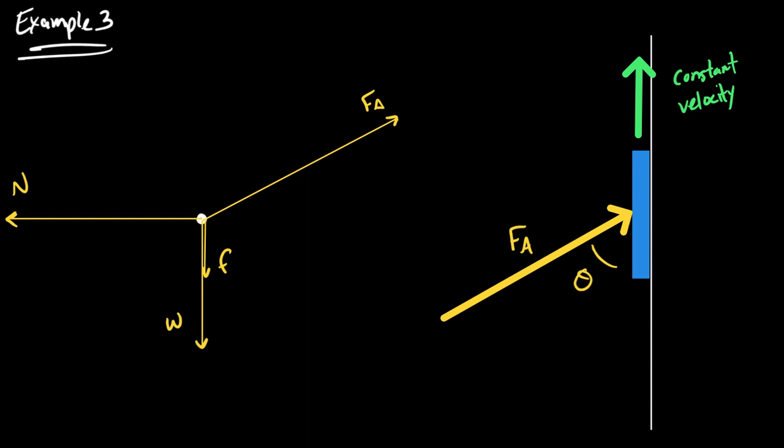And since it's moving at constant velocity and not accelerating, I can choose the second priority, which is to draw it in such a way as to match up with all the forces, or as many forces as possible. That would not be a coordinate system lined up with this force. I think that's the wrong way to go, don't you? So I would probably draw it so that it's lined up with this set of forces, because that would mean that the next one is this way.